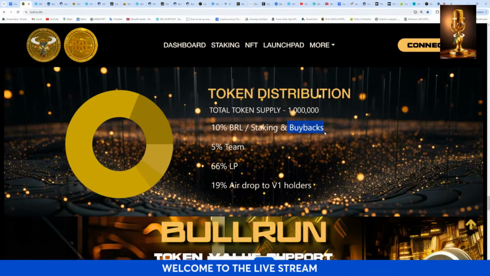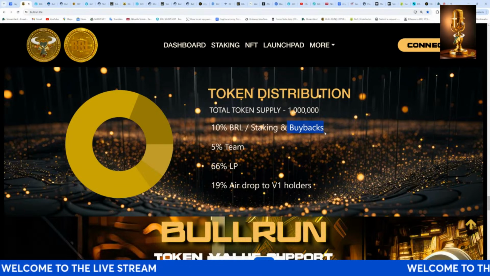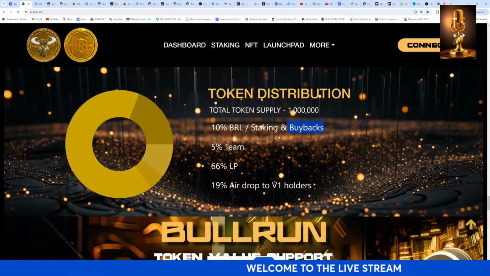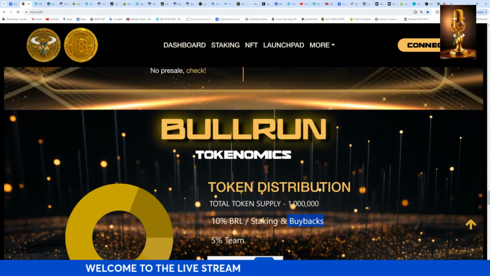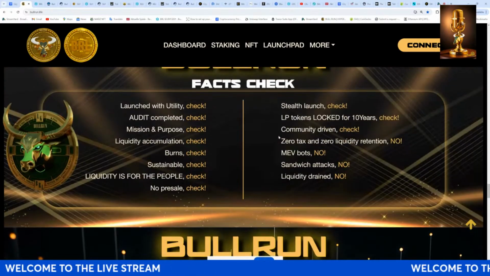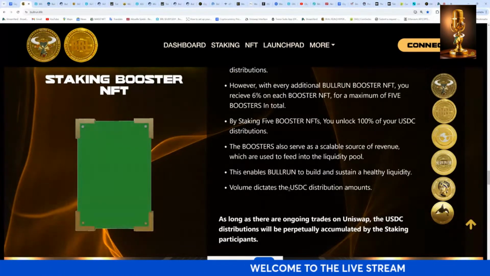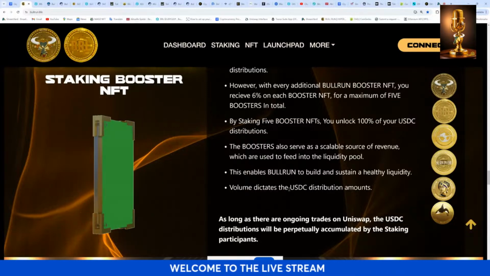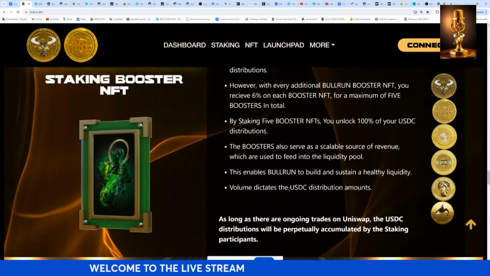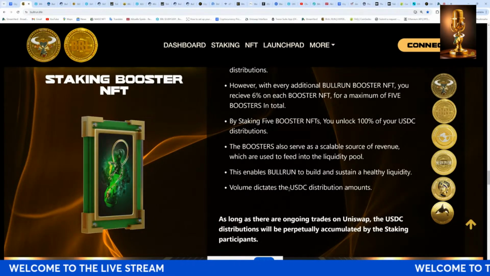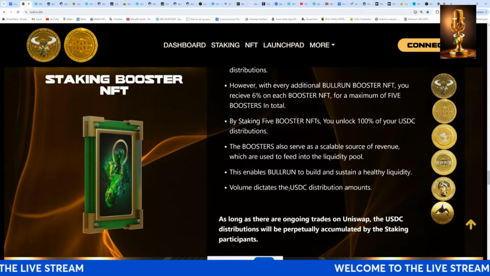We're staking 10% of BRL tokens, which will give us USDC distributions like we saw, and we'll use the USDC to do buybacks. So to add even more to the liquidity, by the way. And another way to add to liquidity is also through the NFT boosters. These boosters, you can stake them on the platform. We have a dual staking platform where you can boost your USDC distributions by staking up to 5 of these NFTs.